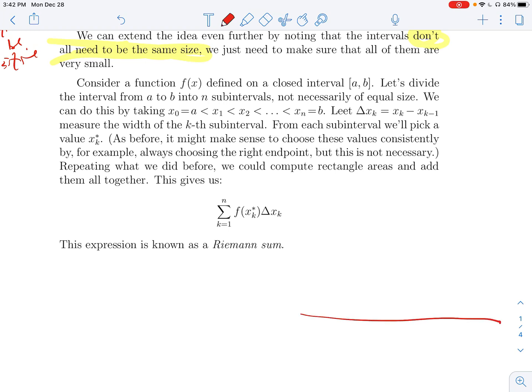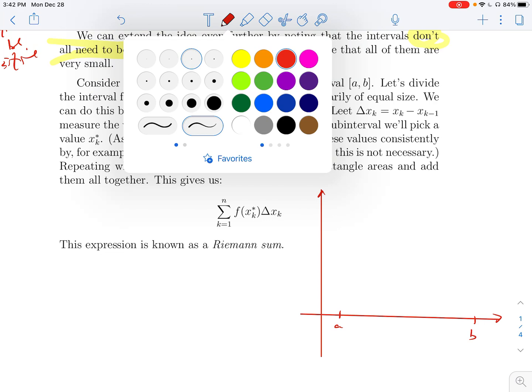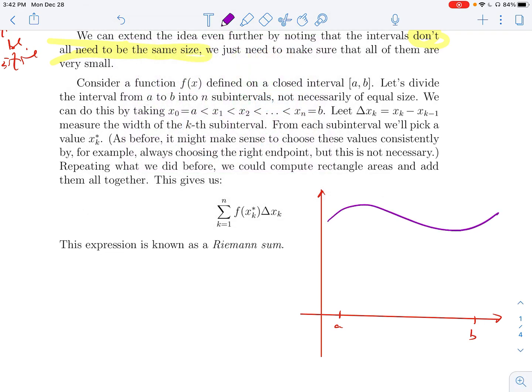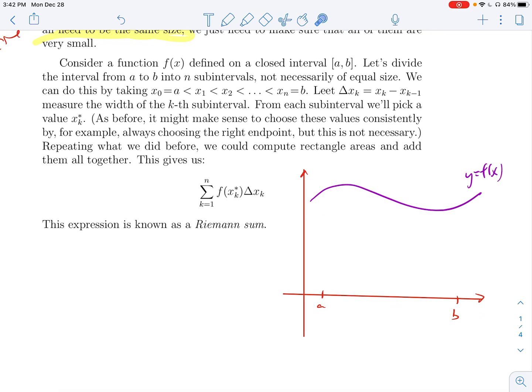So we have a function f of x defined on some closed interval from a to b. And we'll divide this interval down here into n subintervals. And they don't have to be the same size.